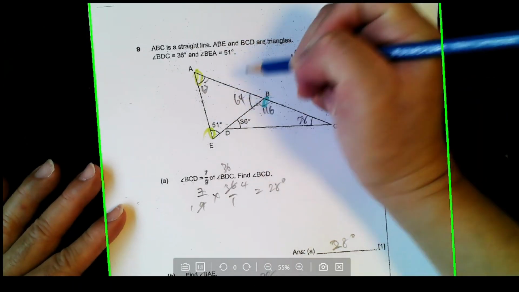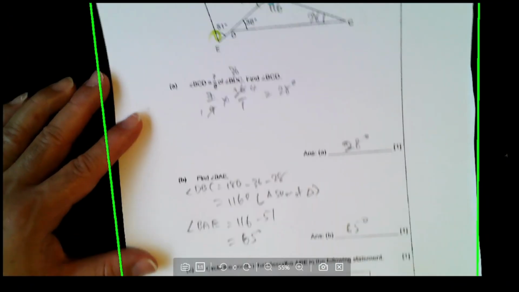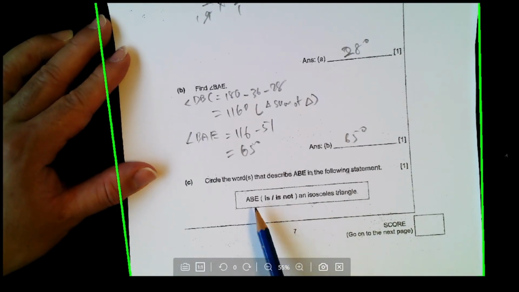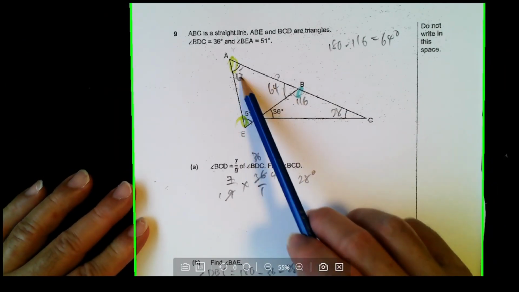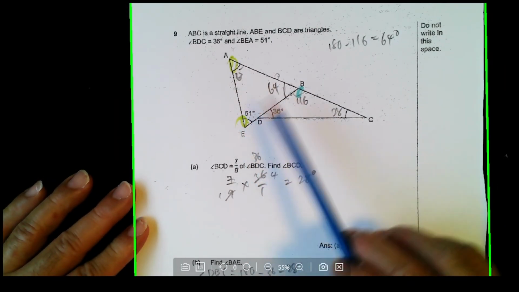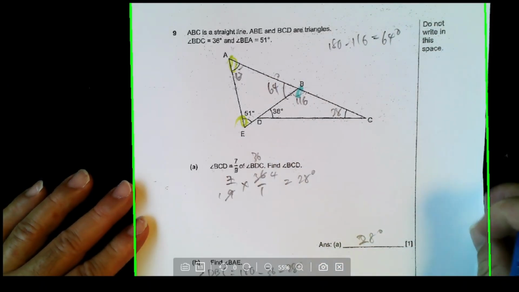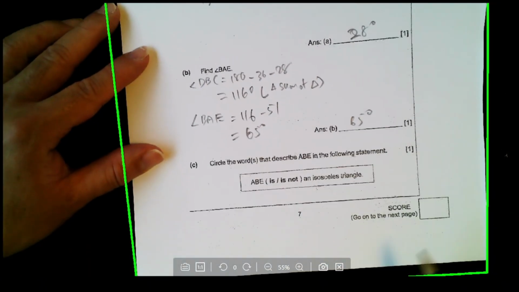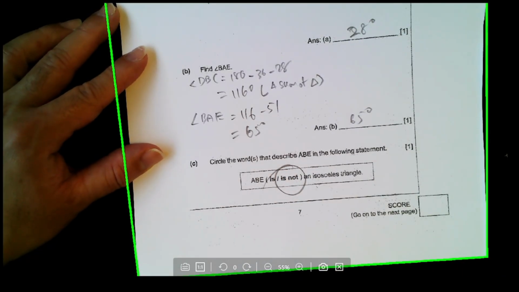So is ABE isosceles? 65, 64, 51. You don't have any two angles that are the same. So is it isosceles? No, it's not isosceles.